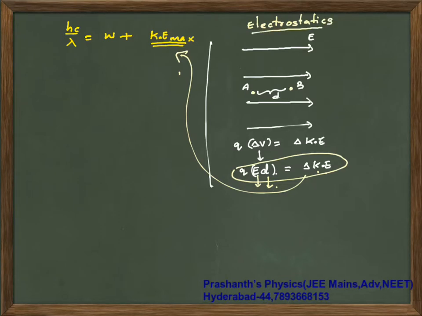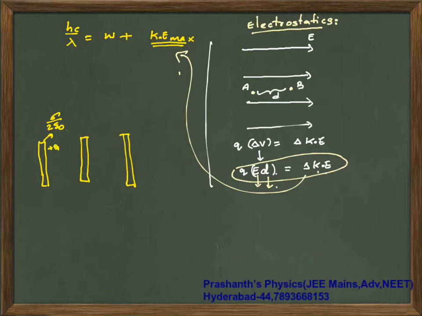Next, one more thing that we can do is, if there are infinite sheets of plates, your field because of an infinite sheet of charge is sigma by 2 epsilon naught.